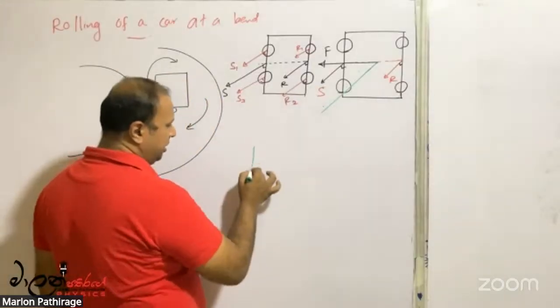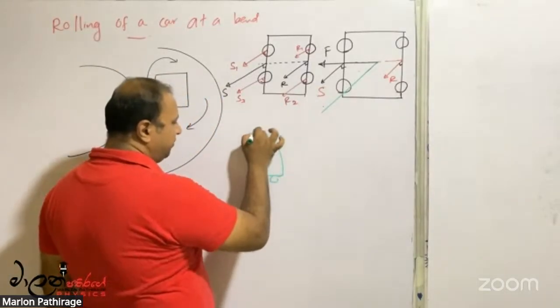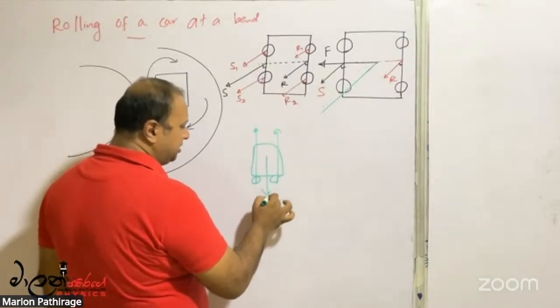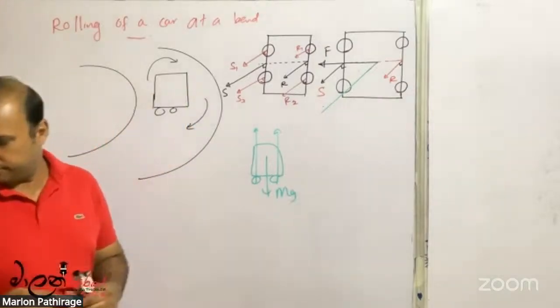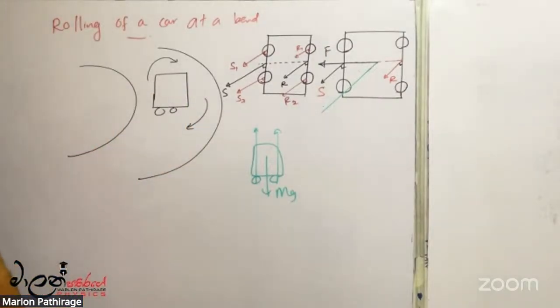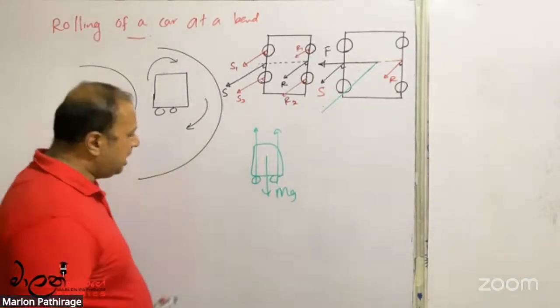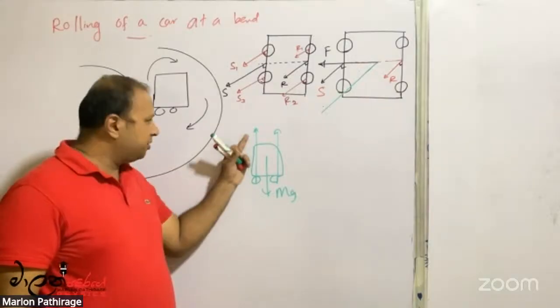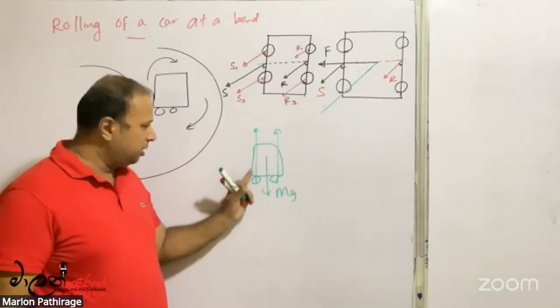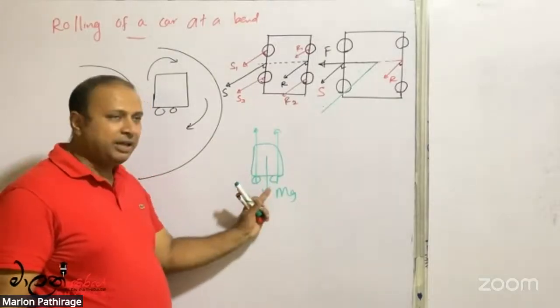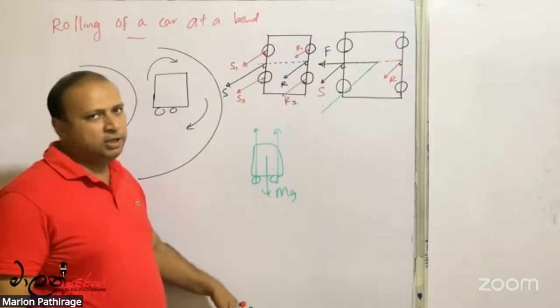If you consider the reaction forces and the weight, the normal reaction forces are in the vertical upward direction, while the weight is in the vertical downward direction.